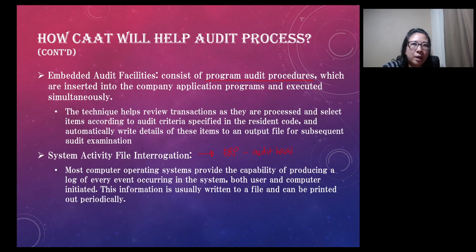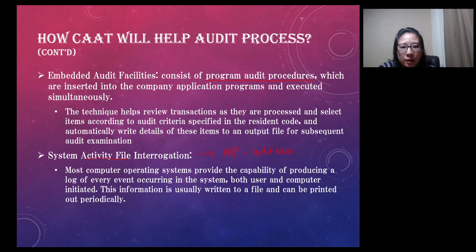This activity file shows what data was changed, who made the changes, when they changed it, and so on. So this activity file is also considered a CAAT, even though we still need to extract it and then do the analysis. But it can be considered a CAAT tool also.